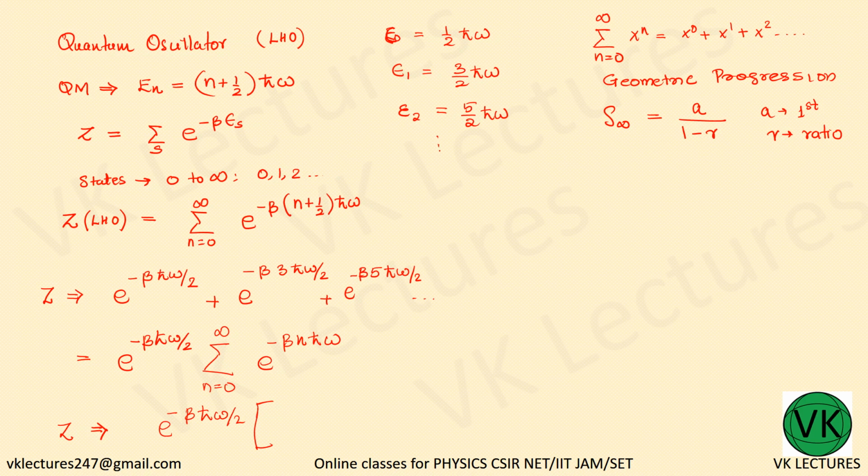Starting from n equal to 0, the first term is 1, so we have 1 divided by 1 minus the common ratio R. What is the common ratio here? The first term is e to the power minus beta h cross omega by 2, and the second term is e to the power minus beta 3h cross omega by 2.